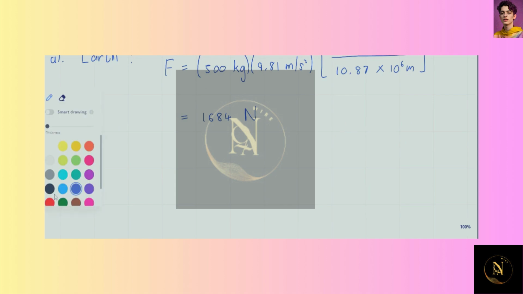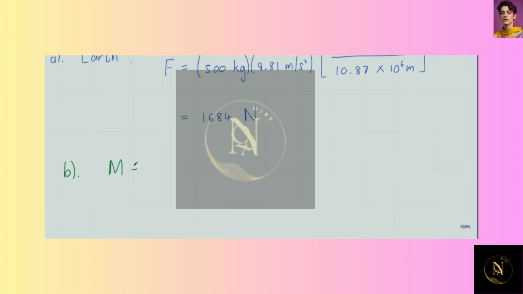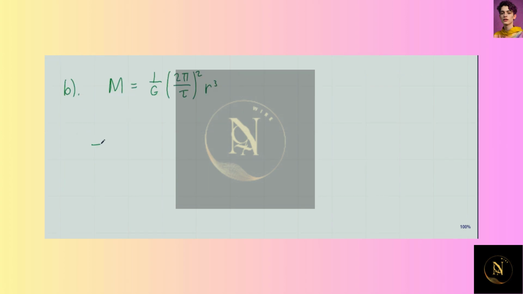For part B, and the solution to problem 78, we know that the mass of the planet is equal to 1 over the universal gravitational constant G times 2 pi over the period of the satellite tau, all squared, times r cubed, little r cubed. So obviously, if we rearrange this equation, we can find an expression for tau in terms of the other variables.